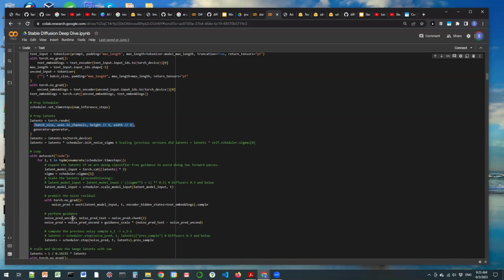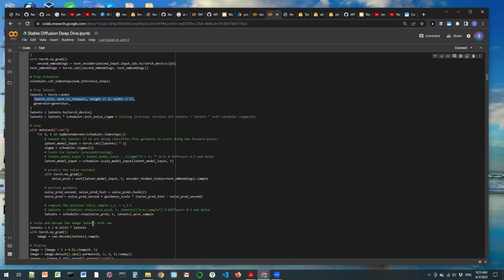Then you split it into the unconditional and the predicted, and this is where the guidance scale is used. The higher the guidance scale, the closer your eventual prediction will be to the prompt that you provide. That's where the guidance scale comes in, and you can try, as I said, and play with 7.5 and reduce it to 1, increase it to 3, increase it to 14, and see what impact it has.